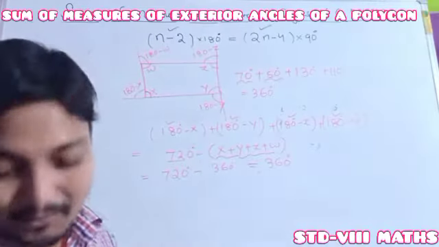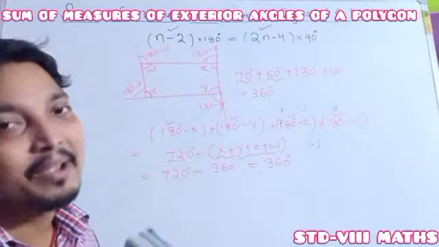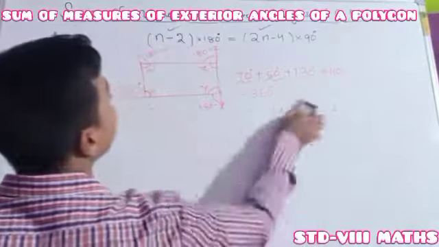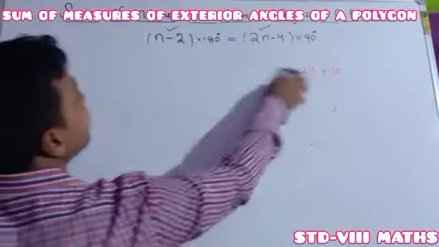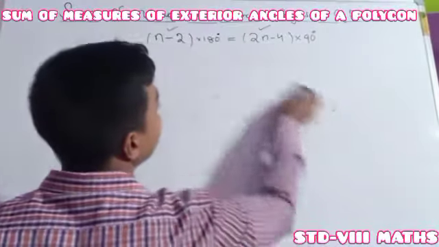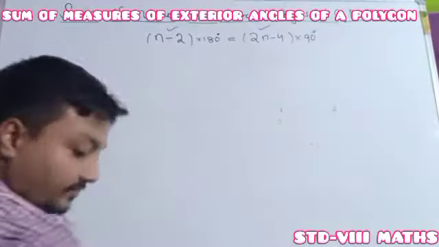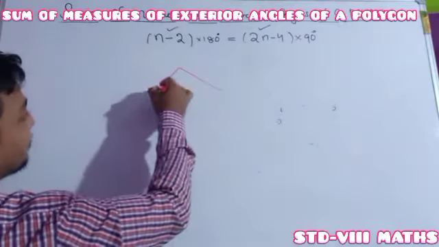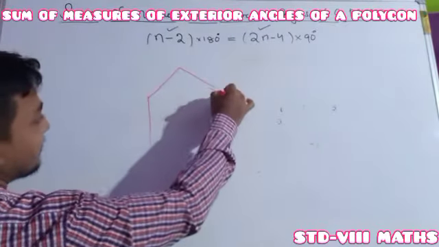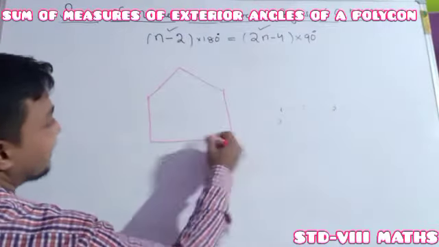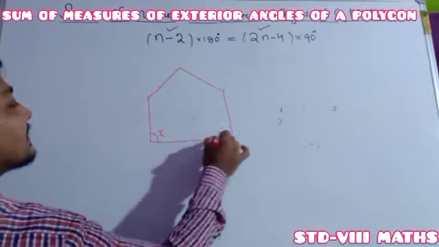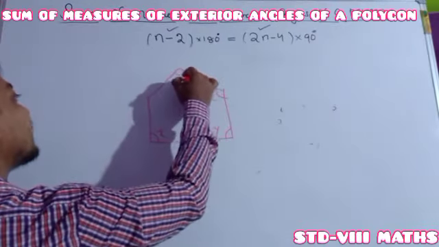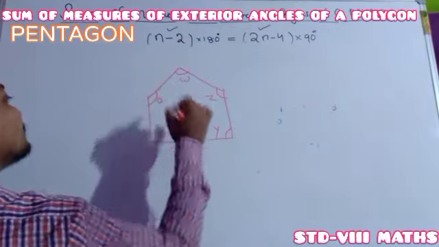Now the last example I want to check is the pentagon. Here is one pentagon. Suppose this angle is x, this angle is y, this angle is z, this one is w, and this one is a.